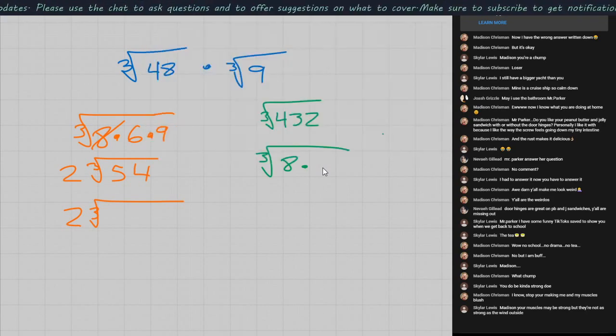Can we factor out anything from 54 that is a perfect cube? Alright, I'm going to go ahead and give it to y'all, so that's 27 and 2.